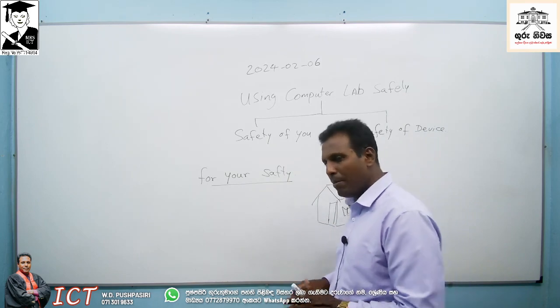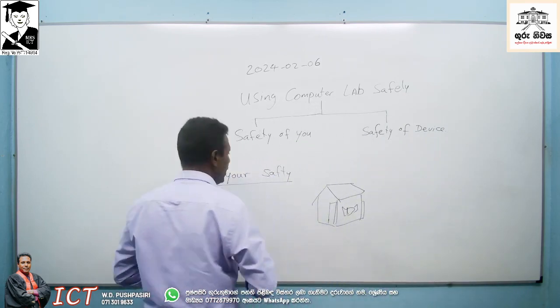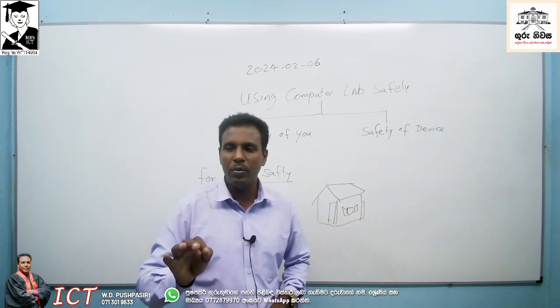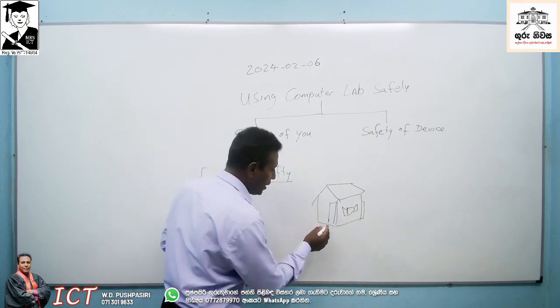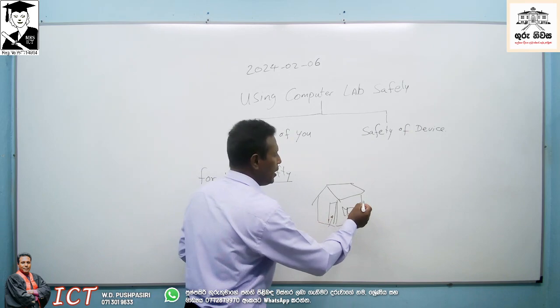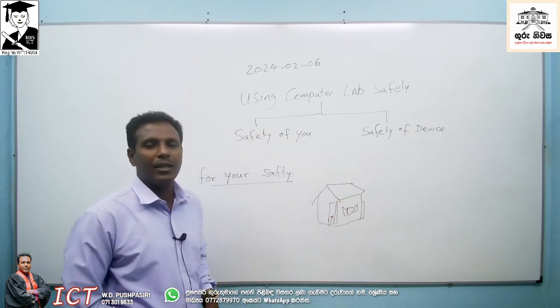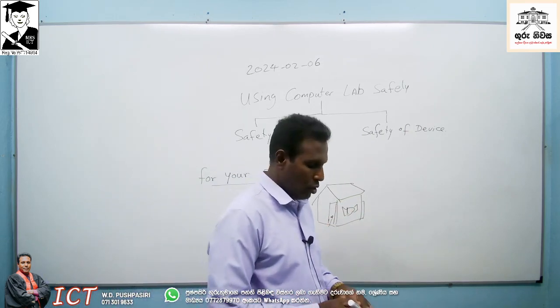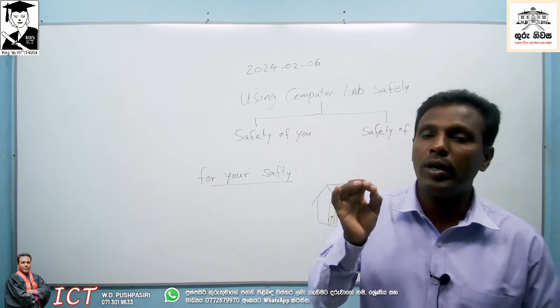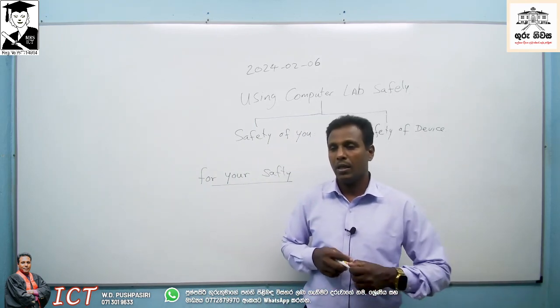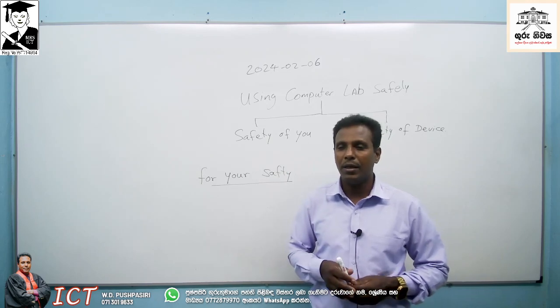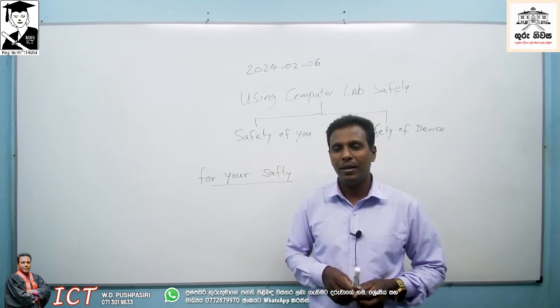In the same manner, in a real good computer lab there should be an inside door and an emergency door, or exit door. So we have to find out where this door is, because it is always closed.